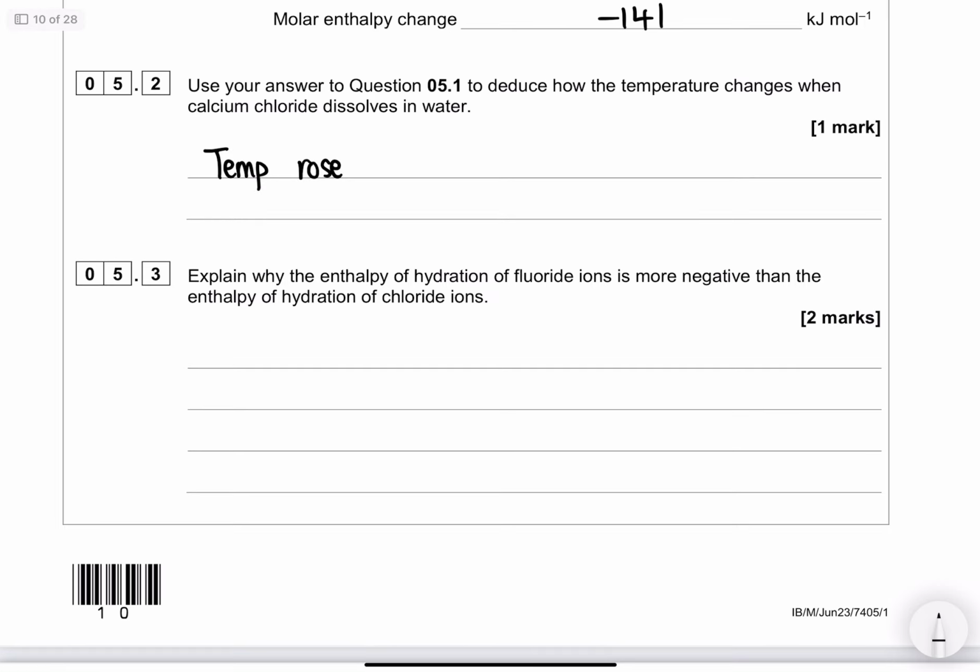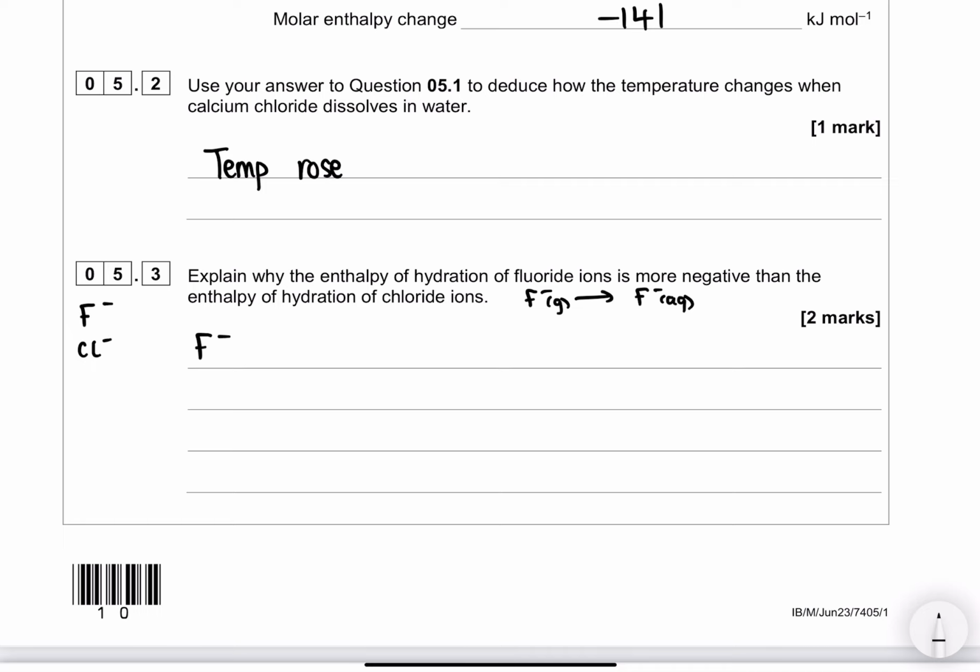Explain why the hydration of fluoride ions, so that is for F minus gas going to F minus (aq), is more negative than chloride ions. So we're comparing F minus to Cl minus.